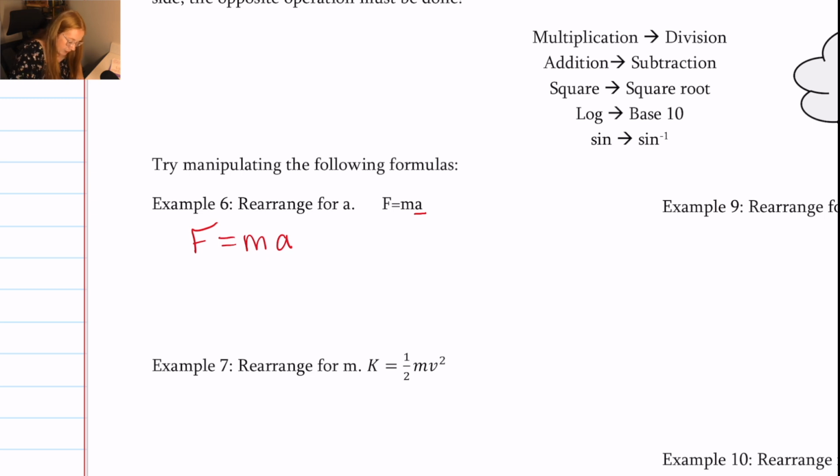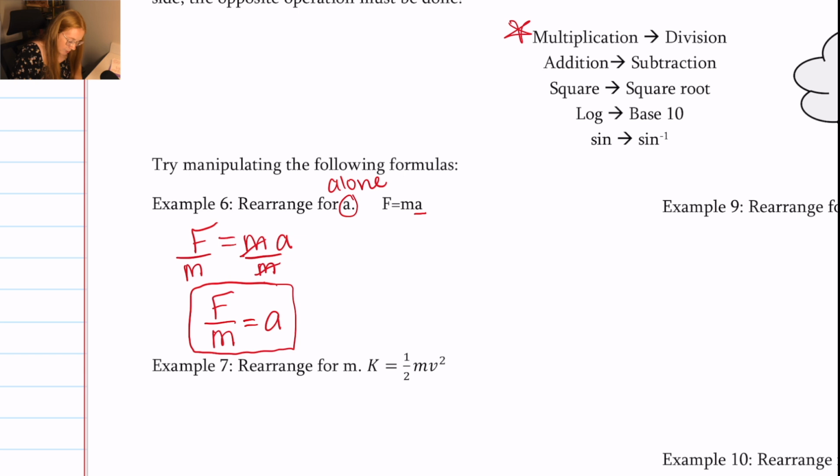Whatever it asks for, you want to make sure that that's alone. So if I want to move M to the other side, I need to think about the opposite operation. In this instance, if we are multiplying, we need to divide. So I'm going to take that M and divide by M on this side. Whatever you do to one side, you do to the other. That M would cancel. And if I rewrite it, it looks like A is equal to F divided by M. And that would be my final answer.